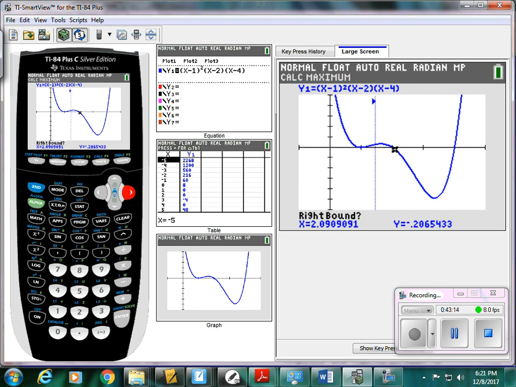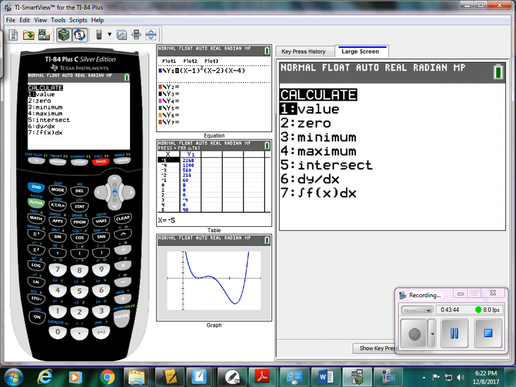The calculator shows where it's looking for the max, between those two arrows. Then guess, you go back. The maximum occurs, to the nearest thousandth, at 1.634.